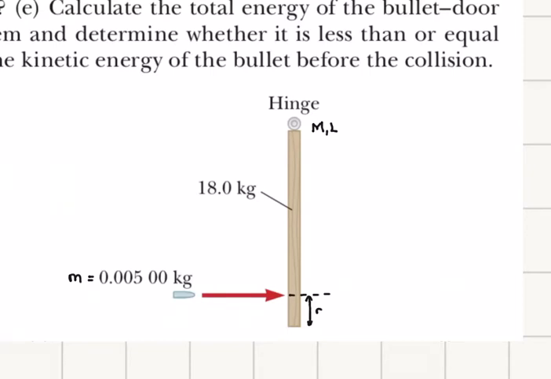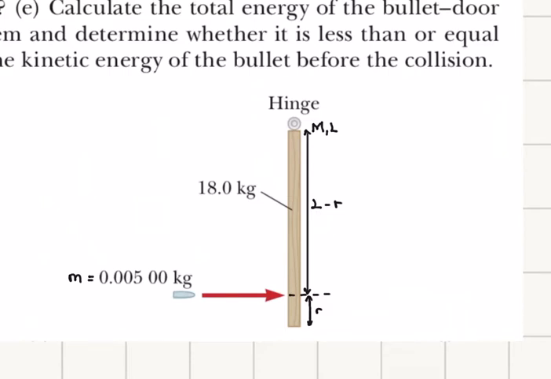So this is the distance r, and therefore I have a distance L minus r between the hinge and the point where the bullet hits the door. So this is going to be L minus r.